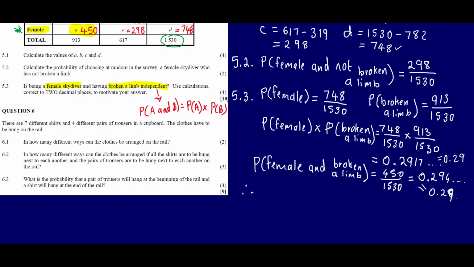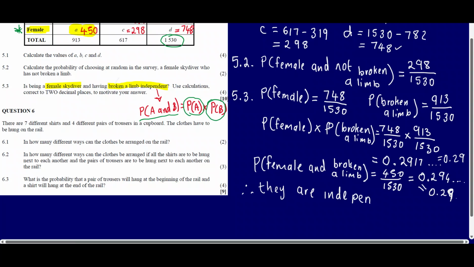So since we have the probability of the "and" and the multiplication the same, it means that the events are independent. From these calculations, the answers are the same.